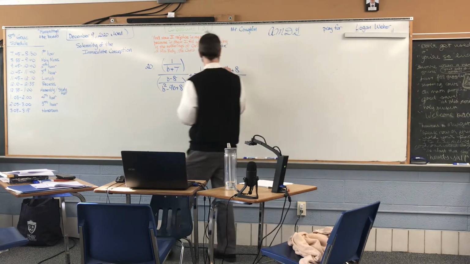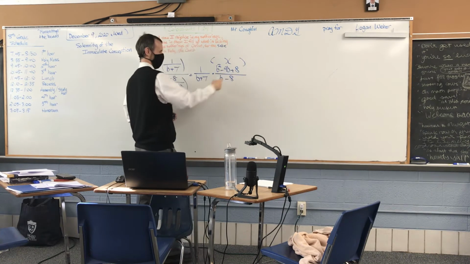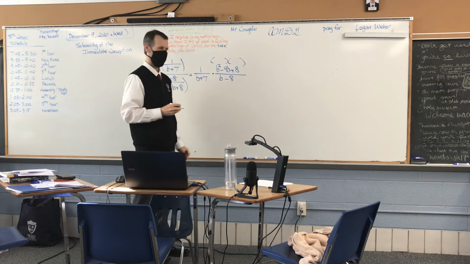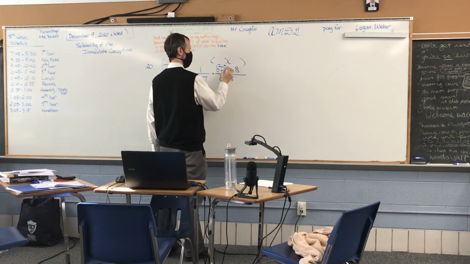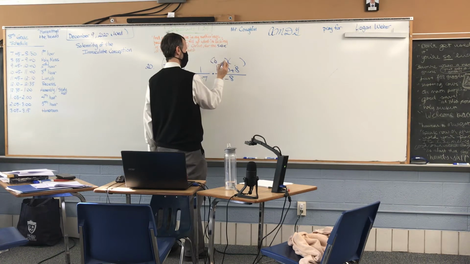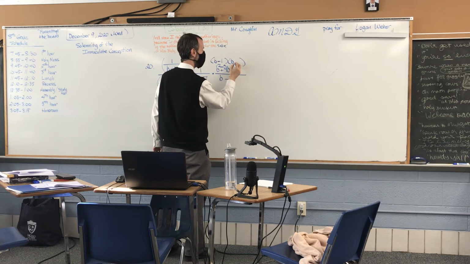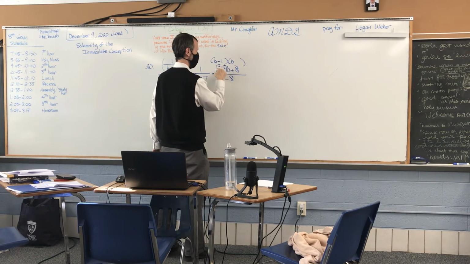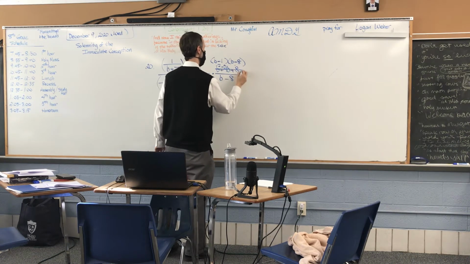By what method? Difference of two squares. Almost. One before that. Well, two before that. Unfoil. The numbers have to add up to negative 9 and multiply to 8. Negative 1 and negative 8. So b minus 1, b minus 8.